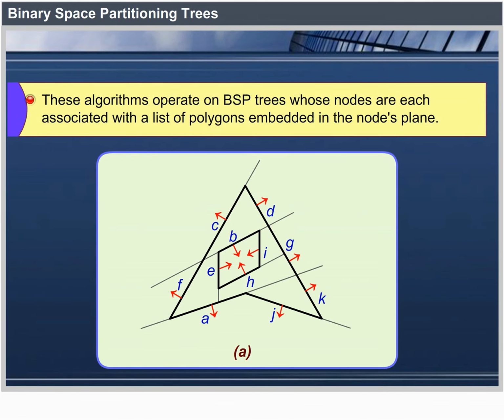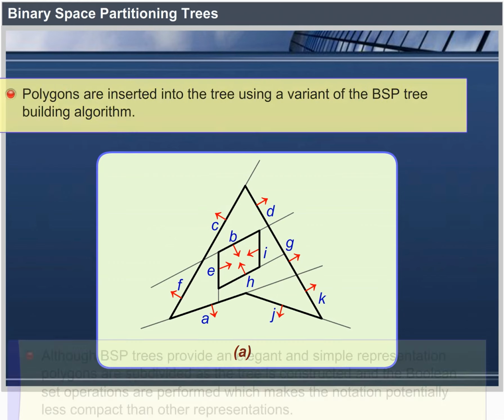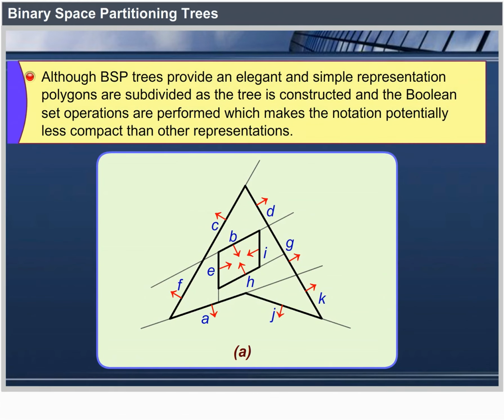These algorithms operate on BSP trees whose nodes are each associated with a list of polygons embedded in the node's plane. Polygons are inserted into the tree using a variant of the BSP tree building algorithm. Although BSP trees provide an elegant and simple representation, polygons are subdivided as the tree is constructed and as Boolean set operations are performed, making the representation potentially less compact than other representations.